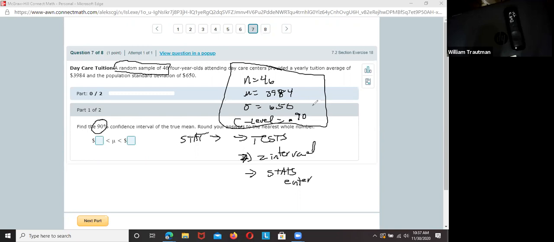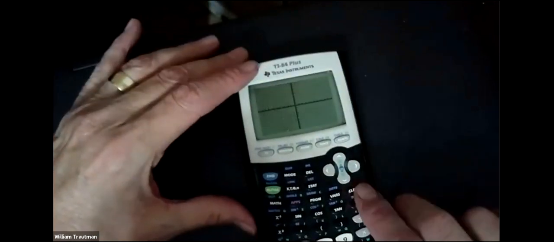Okay, so let me show you that on my calculator now. So to type this in our calculator, we go to stat, arrow over twice to tests, all the way down to number 7. This is to find your confidence interval.